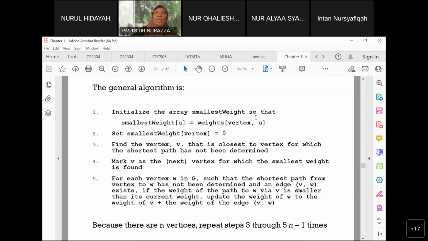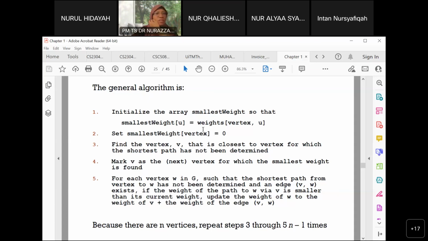So we declare the array smallest weight tadi kan to represent the weightage tadi yang W tadi tu sebab W two-dimensional array matrix tu n by n kan to represent the weightage of edges in the graph. So we name the array as smallest weight. Sebab kita nak cari, remember ini shortest path algorithm. That means kita nak cari yang paling minimum, small weightage yang paling minimum to go from one vertex to another vertex. Jadi dia namakan smallest weight.